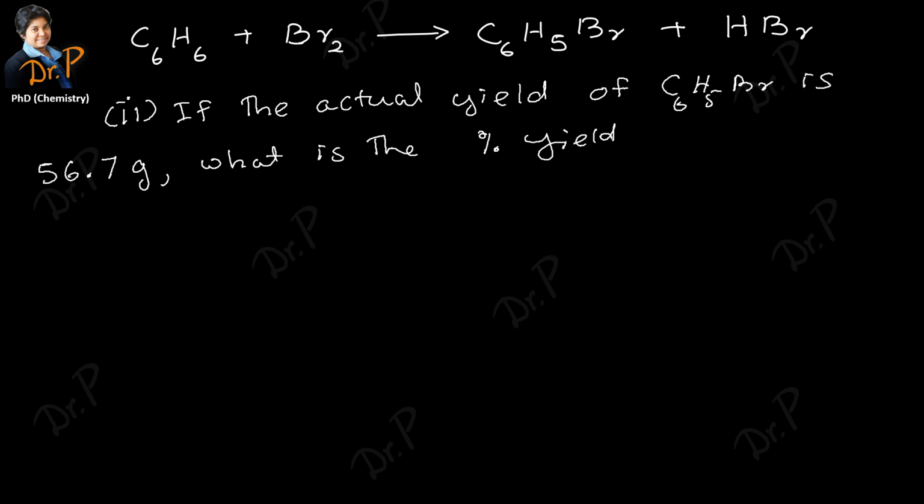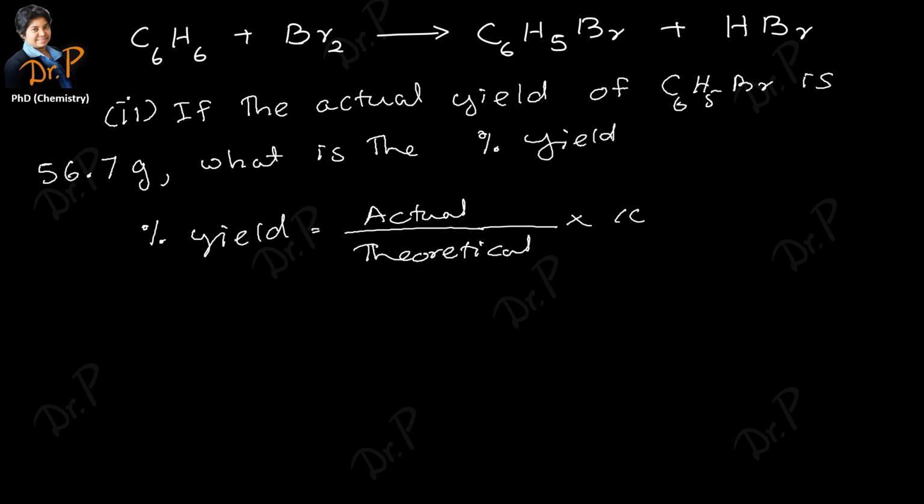Second part of the question. If the actual yield of bromobenzene is 56.7 grams, what is the percent yield? You get the percent yield by dividing the actual by theoretical, into 100.